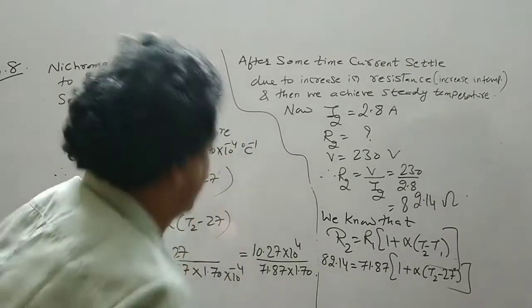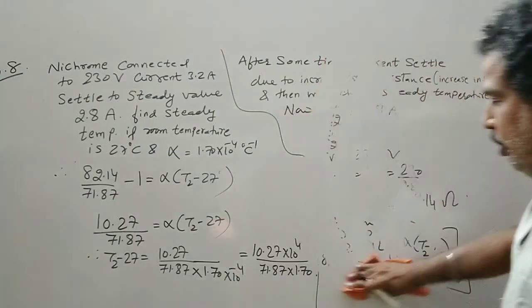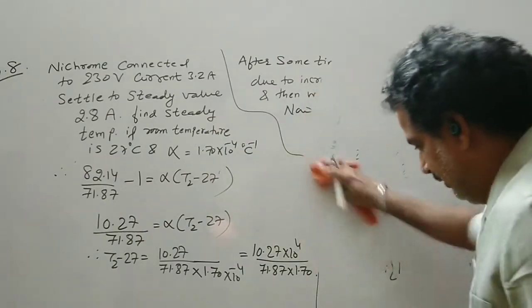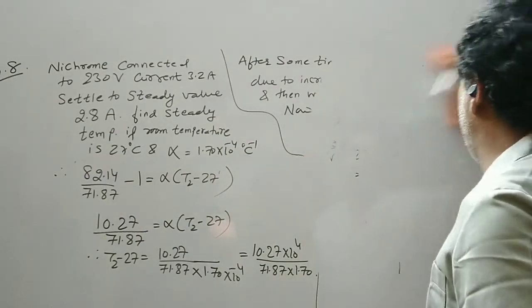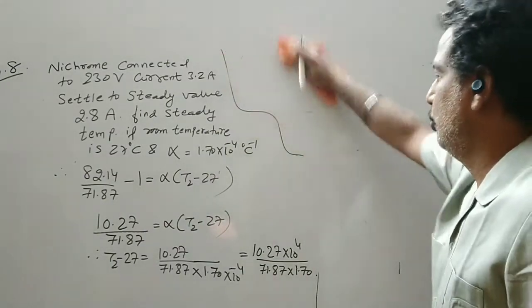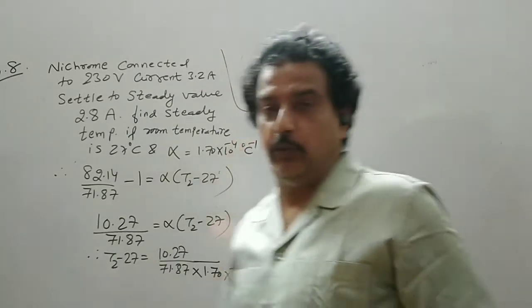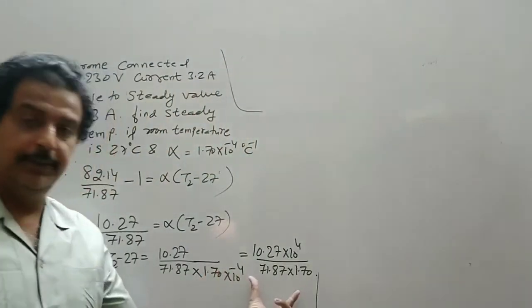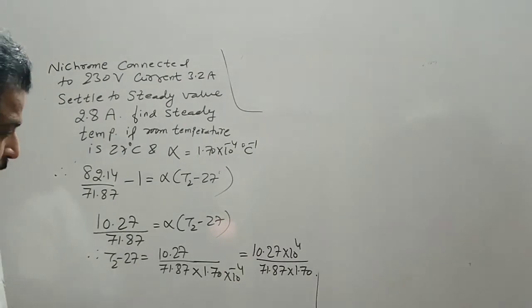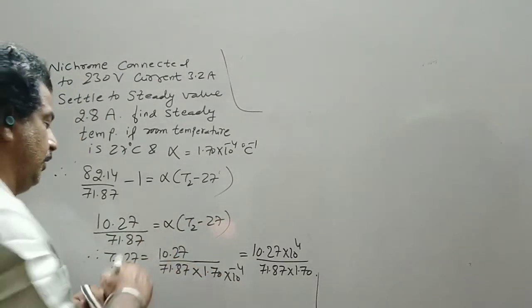See, I am doing this calculation because due to this alpha value, many students do the wrong calculation at this point. So we have to move step by step. So the calculation is done.